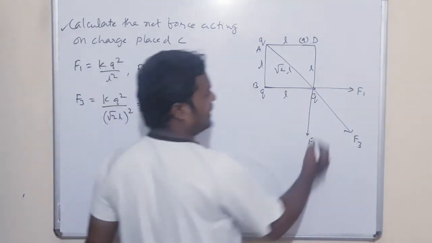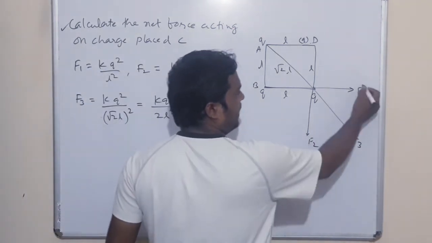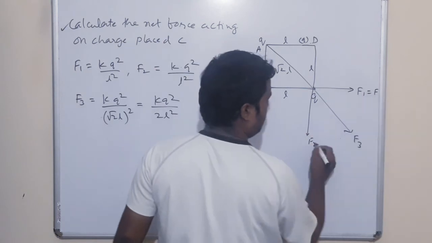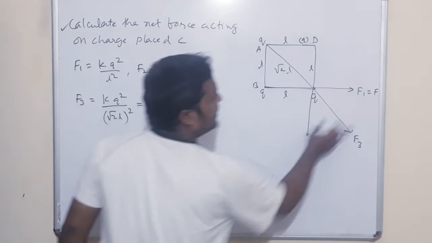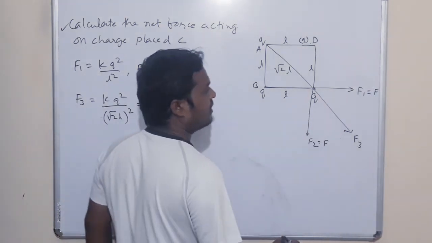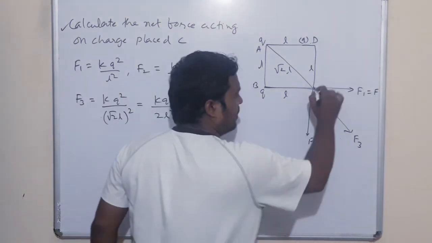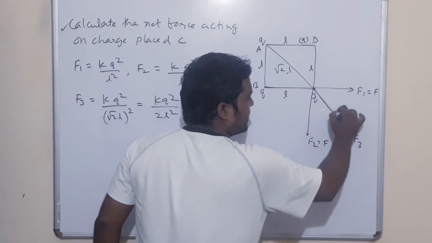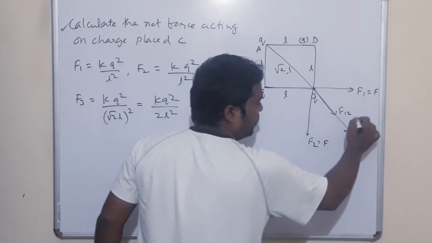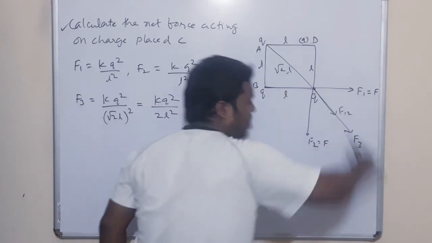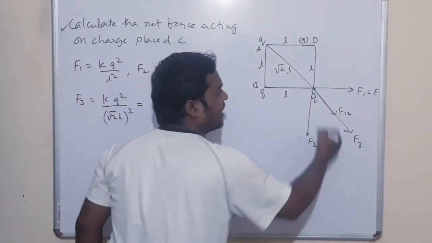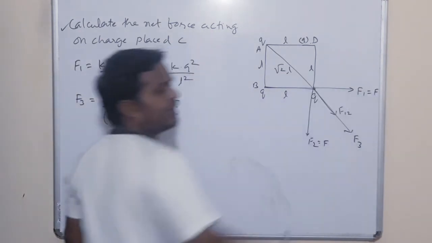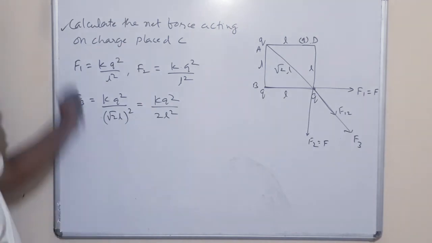See, I told you, what is the angle between F1 and F2? F1 is equal to F, F2 is also equal to F. The angle between these two is 90 degrees. Since these are equal, the resultant is F12, which exactly lies along F3, because if two forces are equal, the resultant will be the angle bisector, I told you.